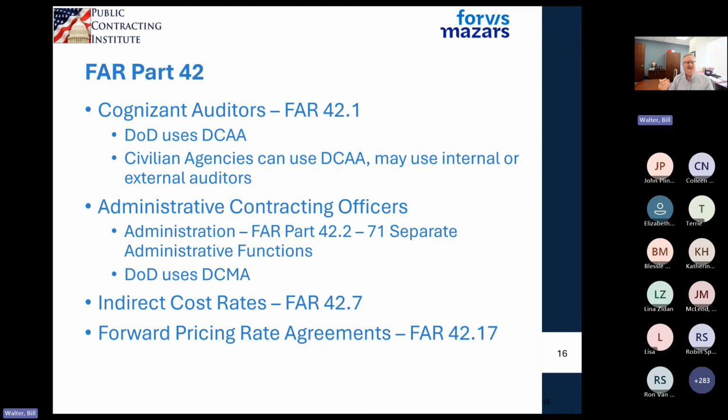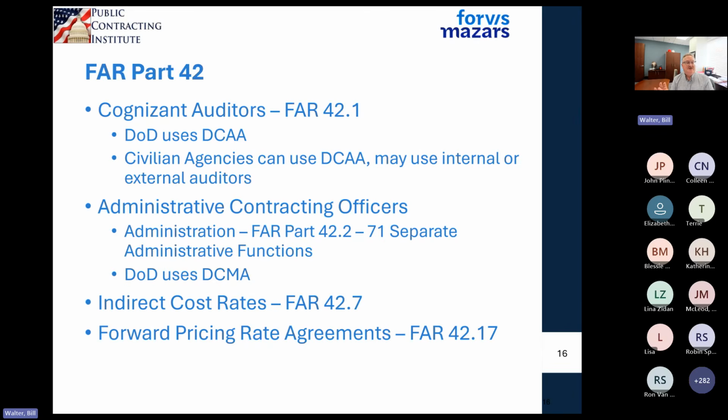We're going to be talking about DCAA throughout the rest of the presentation here from the administrative standpoint, because even if you're not audited by DCAA, if your agency you're working with is not DOD, and they use an independent third-party auditor, chances are they're going to DCAA's website to be able to pick up the audit programs, the audit insight, the guidance that a DCAA auditor would use.